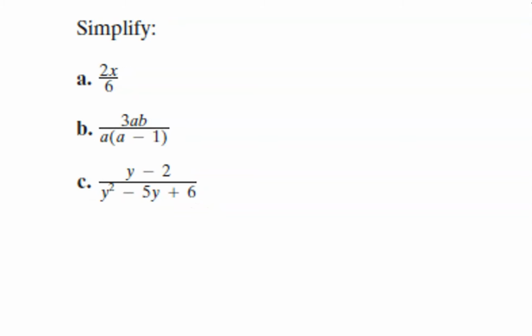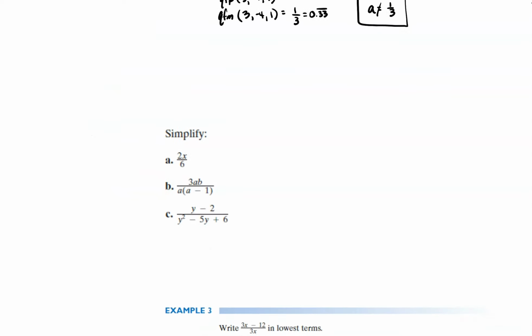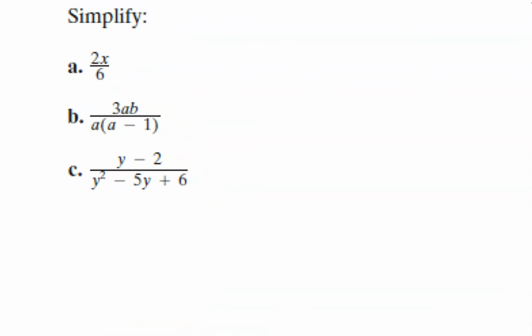Now, for these next 3 examples, we're going to work on simplifying again just a little bit, and we'll come back to talking about excluded values. In question A, if we're being asked to simplify, we want to reduce this to lowest terms. One of the tools that we utilized was expanding these values and looking for common factors. So in the numerator, there's nothing to expand. 2 can't be expanded, x can't be expanded, so I'll just write it as 2x.